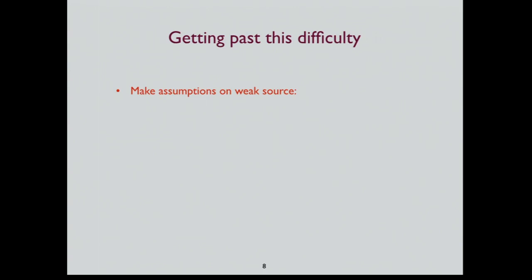So what can we do? There are a few ways we could try to circumvent this result. One is we could make some assumptions on our weakly random source. This has been a fruitful area. We could define special cases of such a source where there is enough structure that we can achieve this, and this is a useful concept.